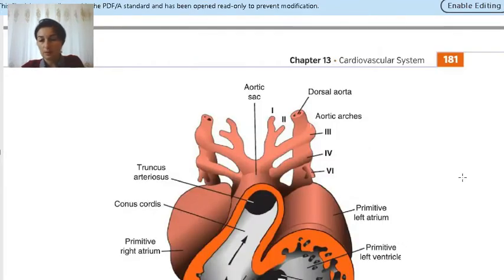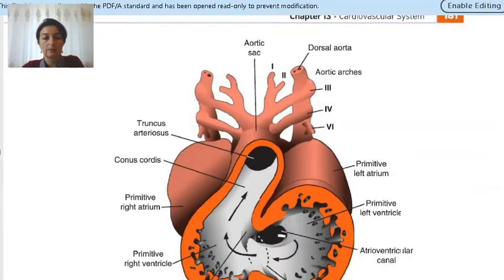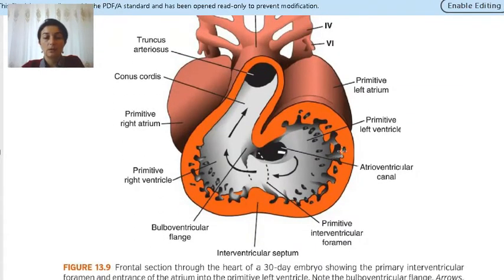Then here we are looking at a ventricle, it is the left ventricle. Here the right ventricle forms from the initial part of the bulbus cordis. In their wall we can see trabeculation, so there will be a trabeculated part of these ventricles.